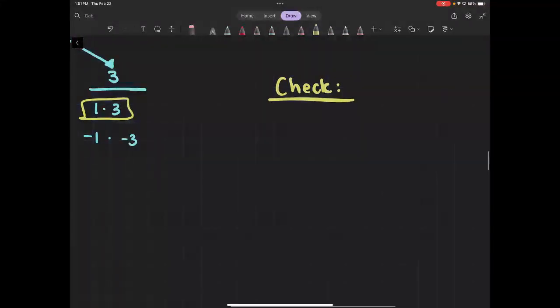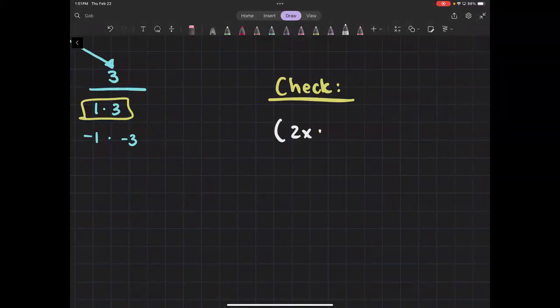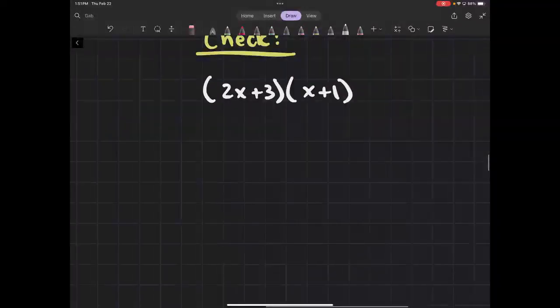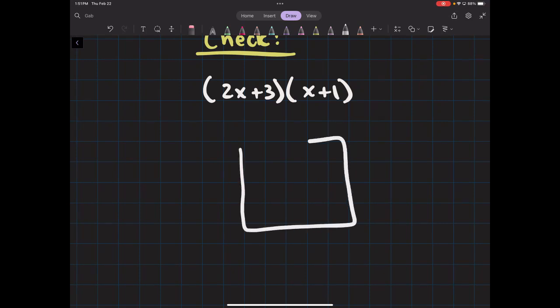Okay, so if I check, I'm multiplying what? 2x plus 3? And x plus 1, right? Okay, so how do we check? We multiply. Do you guys do it by the box method again? Yes. Okay, so do box method.